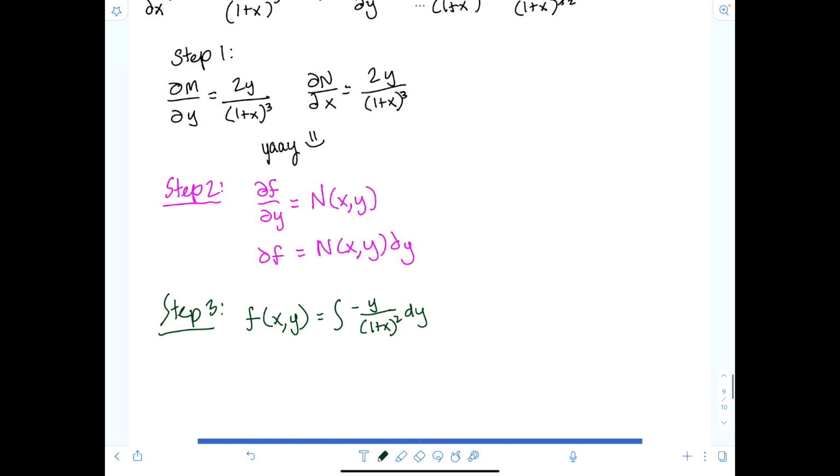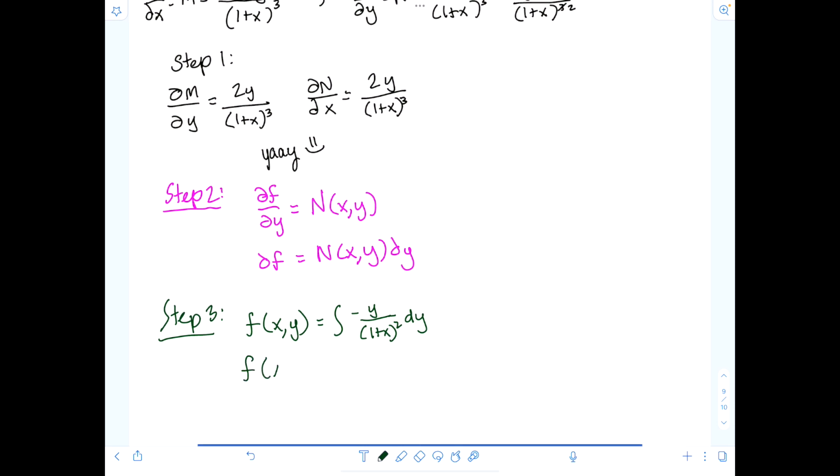So that will be equal to, we're treating the 1 plus x squared as a constant, so we'll get negative y squared over 2 times 1 plus x, the quantity squared, plus some constant, some integrating factor h of x.